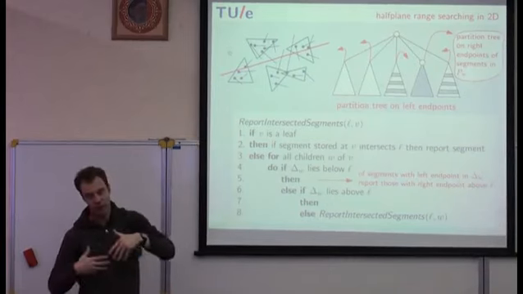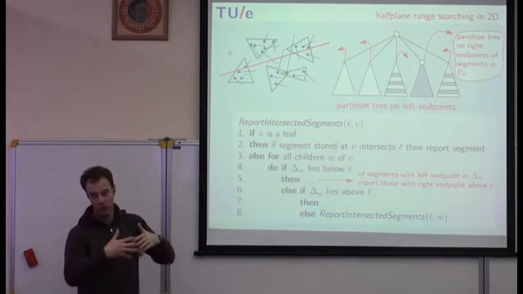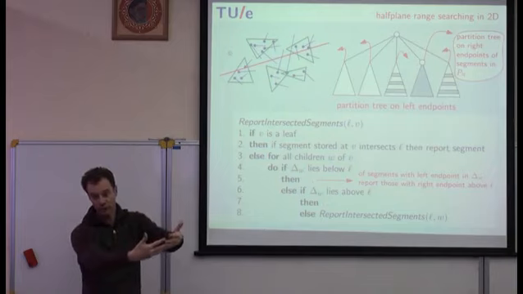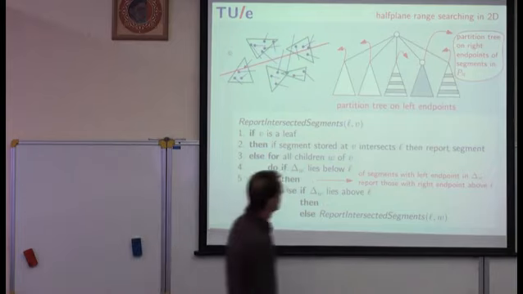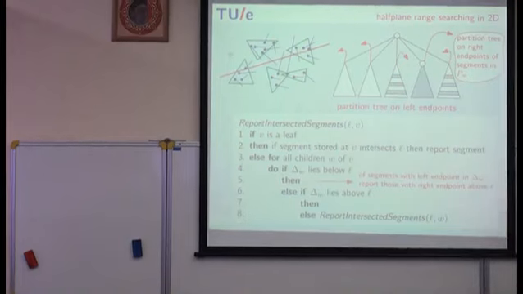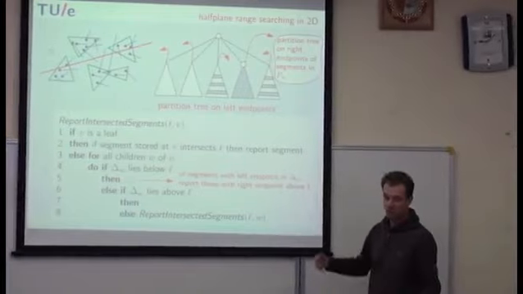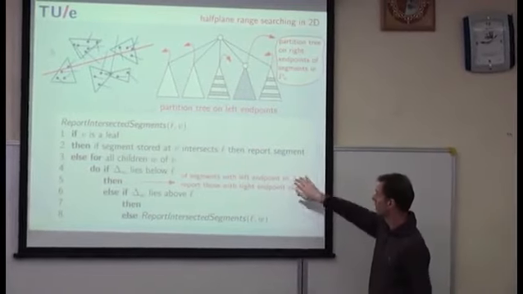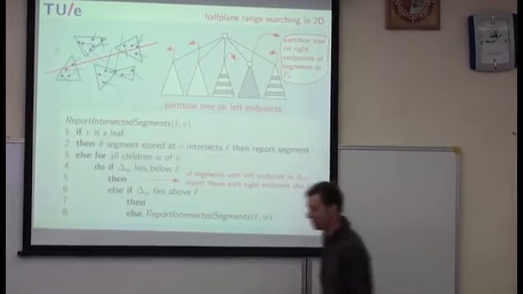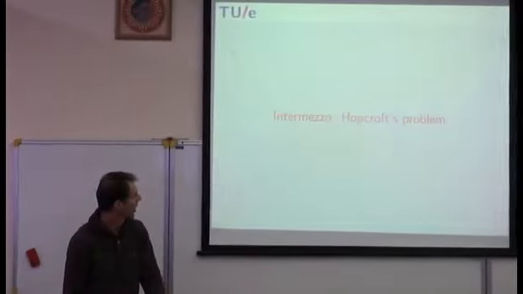So if I want to find the segments intersecting the line, then out of those I should find the ones where the other endpoint is above. And for that, I had this second partition tree on the right endpoints, and here I can just do a query to find those on this second level trees.